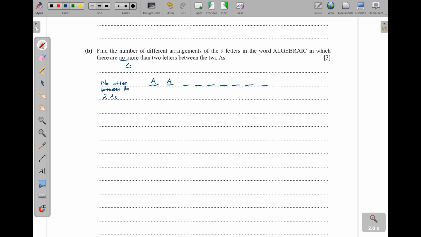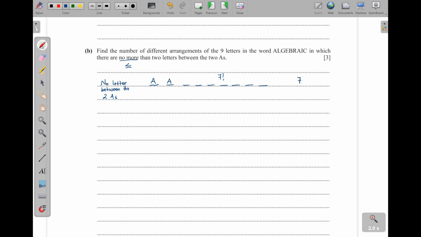That means the A's are going to be together. Okay. Now we are left with how many letters? We have removed the 2, so we are left with 7. That means in here I will have 7 factorial. Okay. To arrange these other ones, I'll have 7 factorial.